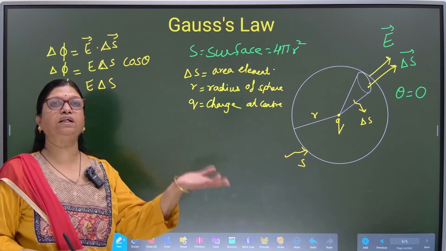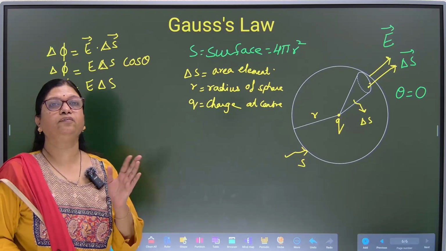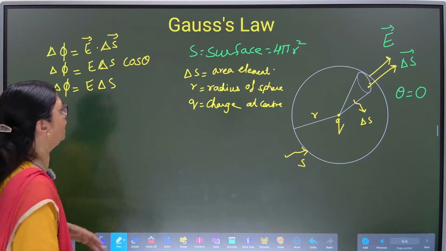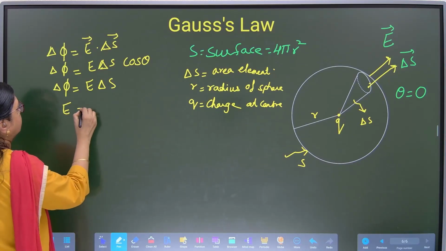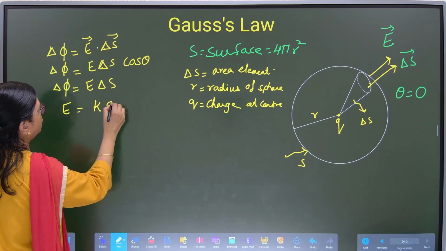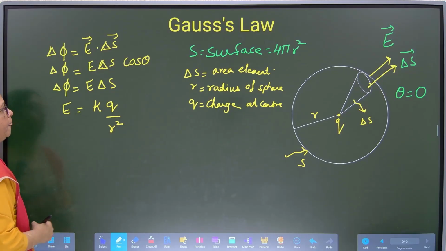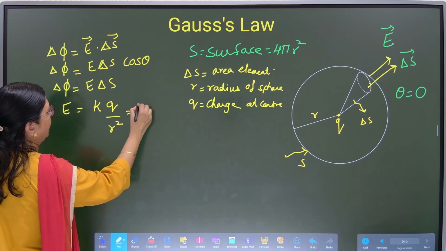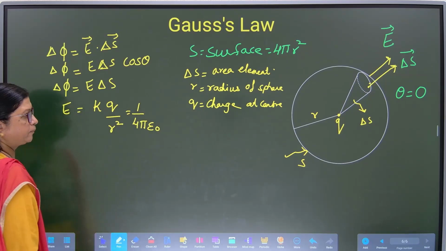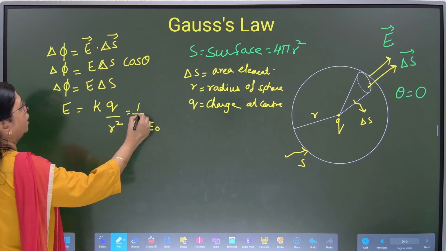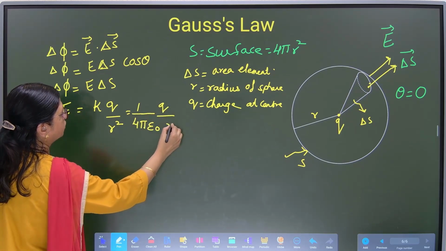Now, in the previous section, using Coulomb's law, we have the formula of the electric field due to the charge Q given as E is equal to KQ upon R square. Then I can even write K as 1 upon 4 pi epsilon naught, so Q upon R square.